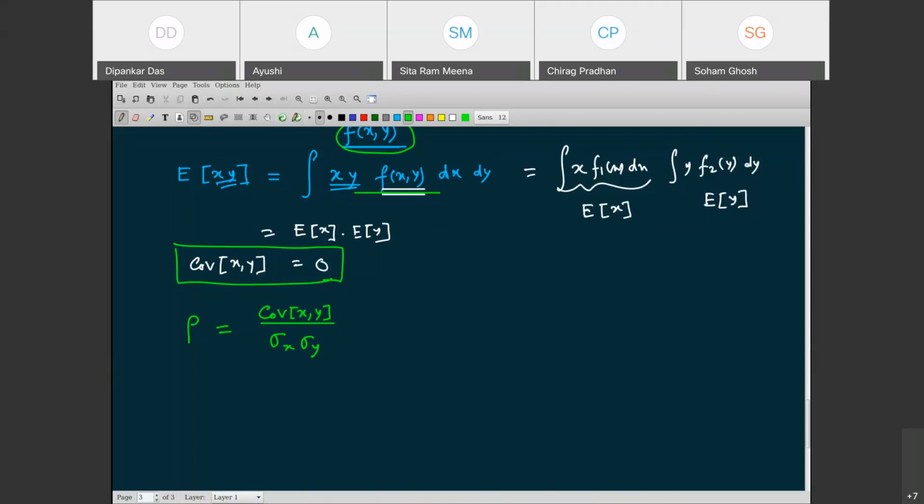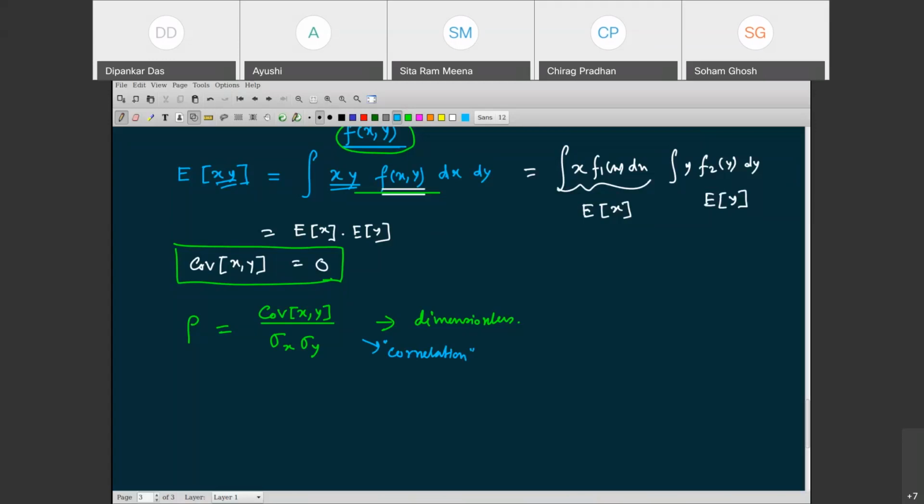This definition makes it dimensionless. It is always useful to work with dimensionless quantities so that you can generalize your conclusions across different things, because it does not depend on the dimensions of the quantities you are measuring. This dimensionless quantity is referred to as the correlation.